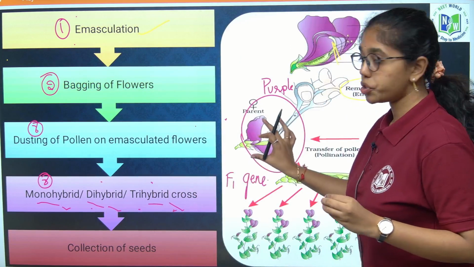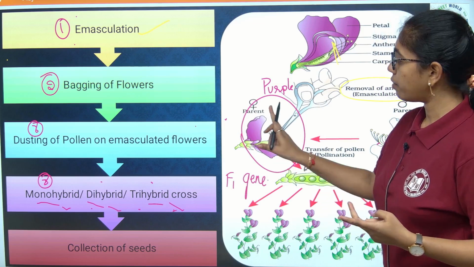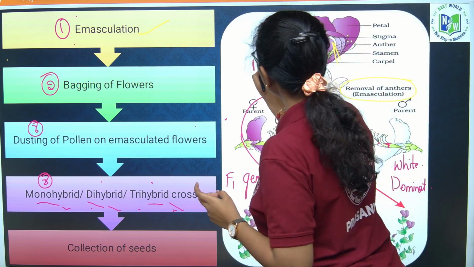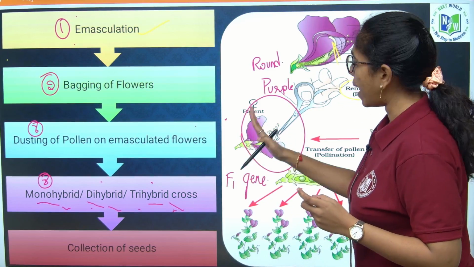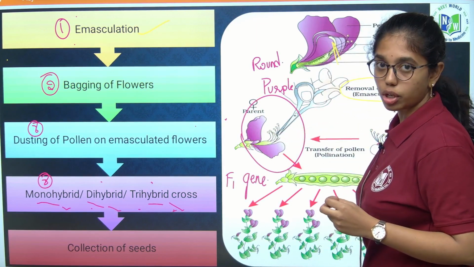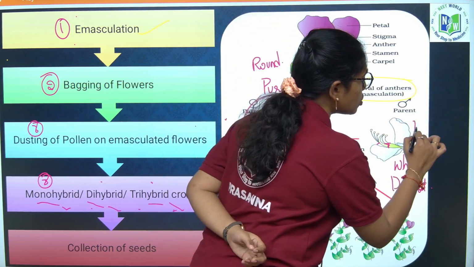For the flower which we are emasculating, we will choose any two traits. Let's assume flower color is already there, and let's assume round seed shape. So, the plant which has purple color and round seeds, that plant we will choose, and we will dissect the anthers of that plant. And one more plant which is white and has wrinkled seeds.